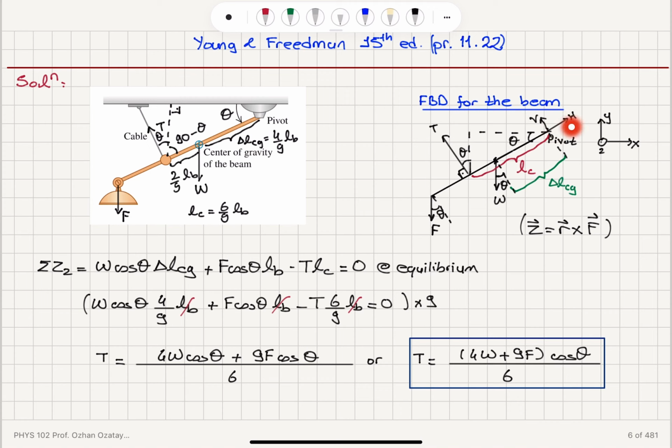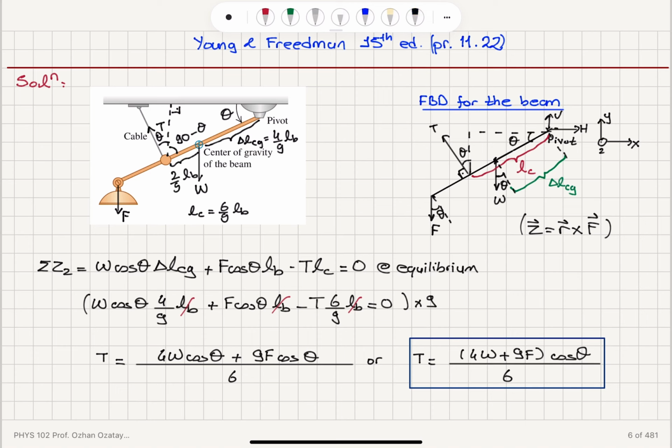So T sine theta will have this horizontal component. Okay, so that's not the right way to do it. So this is horizontal. This is vertical.